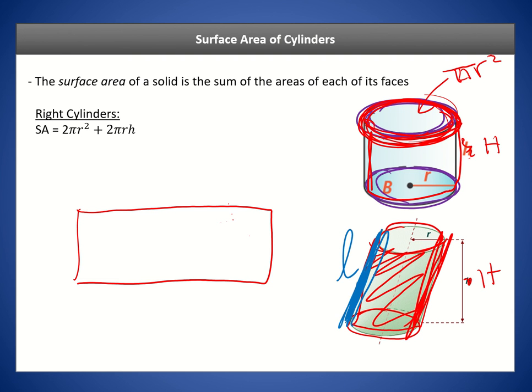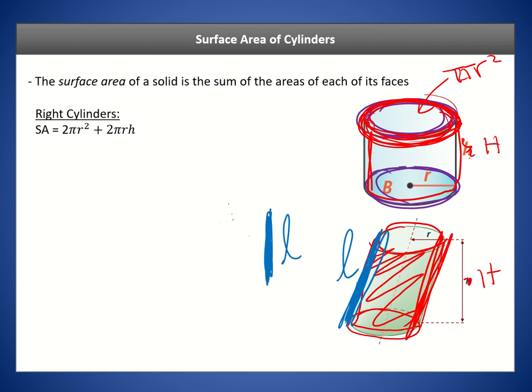That dimension is going to be represented by the height of this paper. So this paper has to be a little bit longer than it was for the right cylinder. However, it's still going to be 2 pi times the radius, because it still has to wrap around the full circle. The only difference is that the height changes. So for the oblique cylinder, it's two circles plus 2 pi r L.